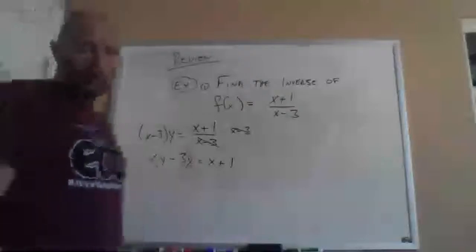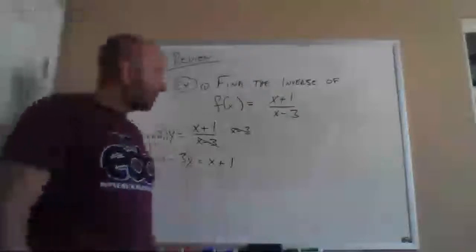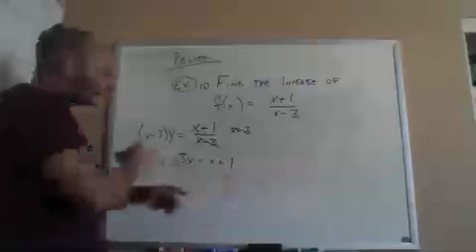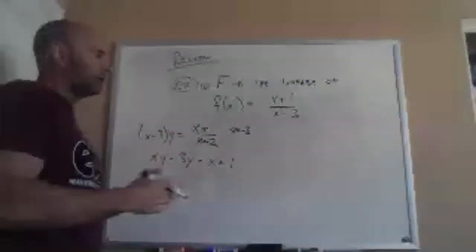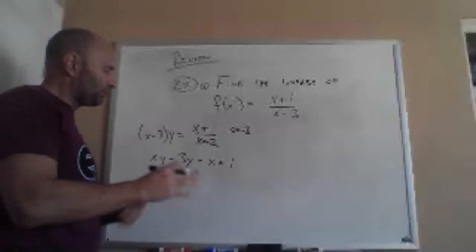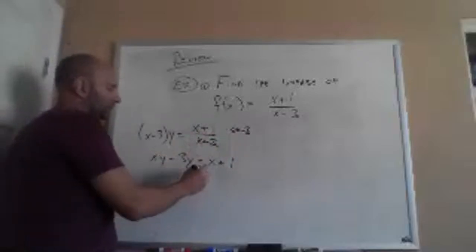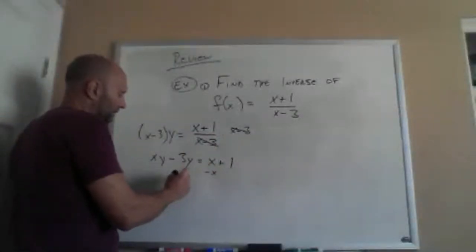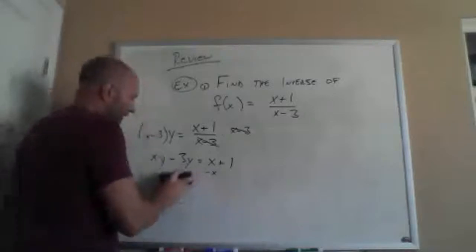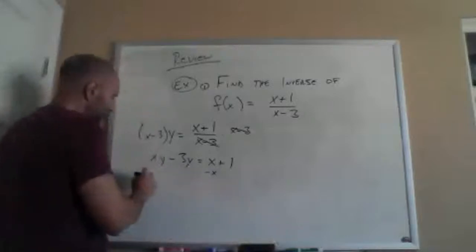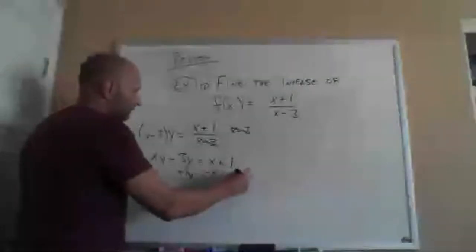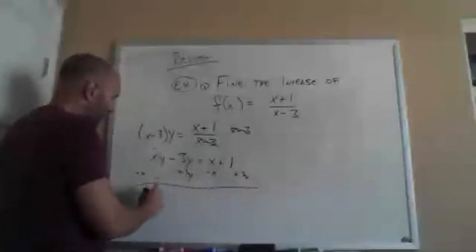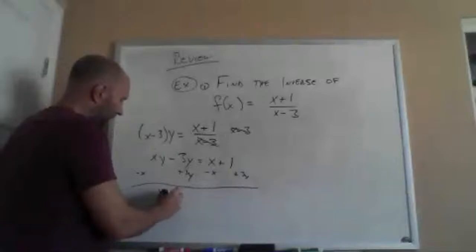And now you want to get all the x's on one side, everything else on the other. If you move the xy over here and the 1 over, you'll get the negative of the answer I'm going to end up with. I'll give you that answer, but it doesn't matter. Both answers are correct. So if I subtract x from both sides and add 3y to both sides, I get xy minus x.